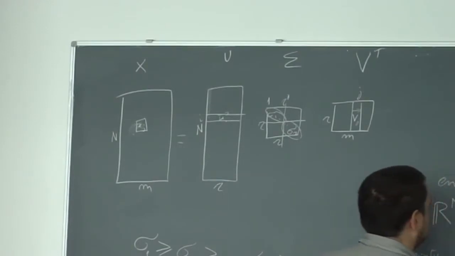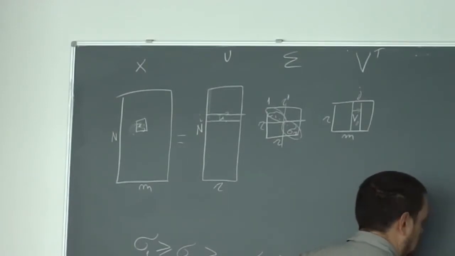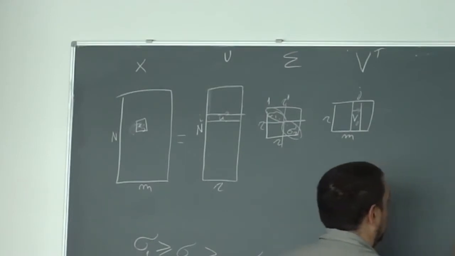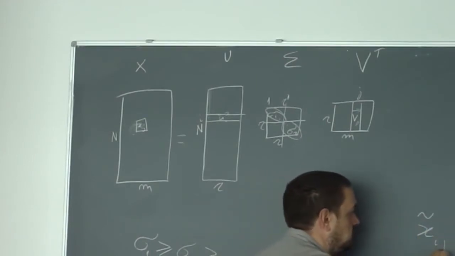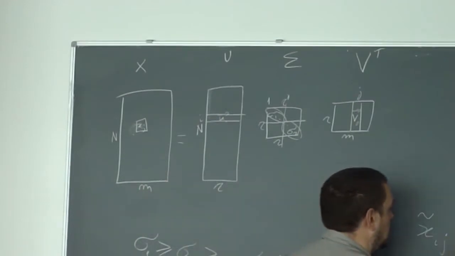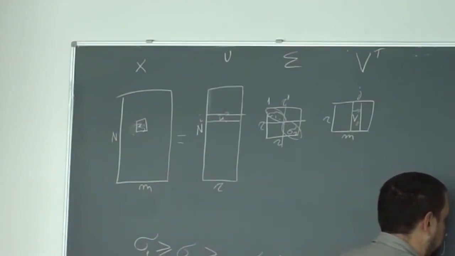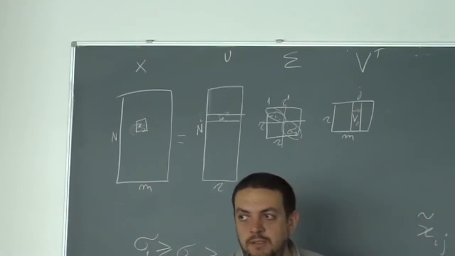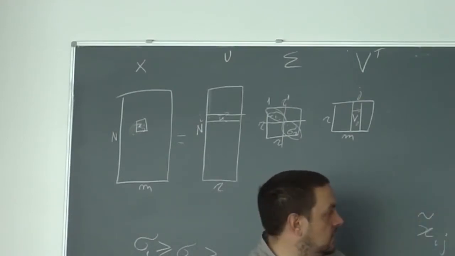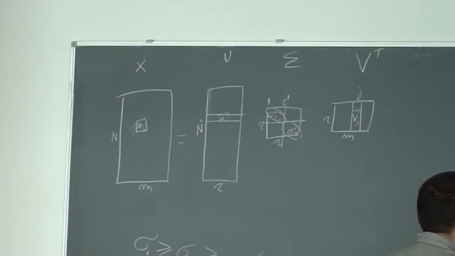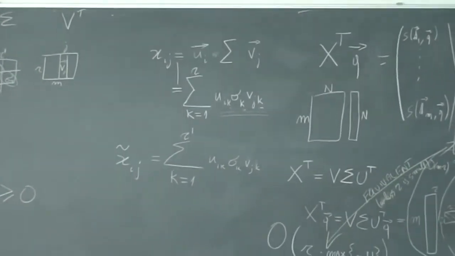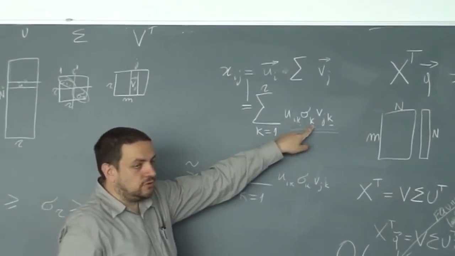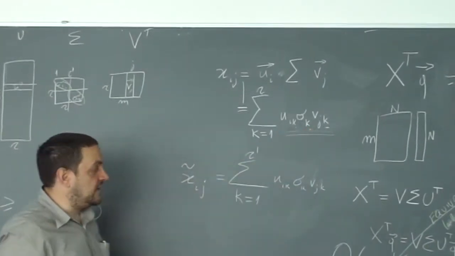Okay. So you can replace xij by an x tilde ij by only taking the sum of the first R prime contributions here, on the basis that you are only removing very small contributions from the final result.